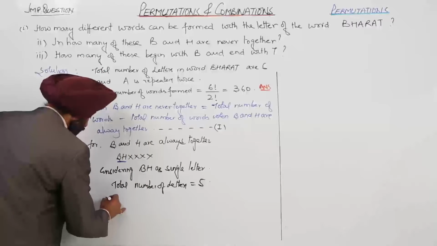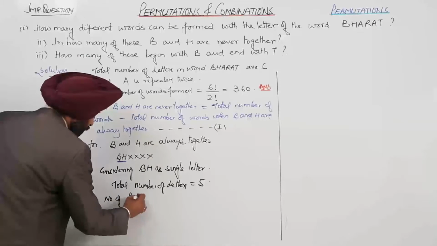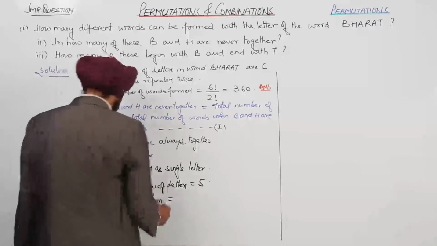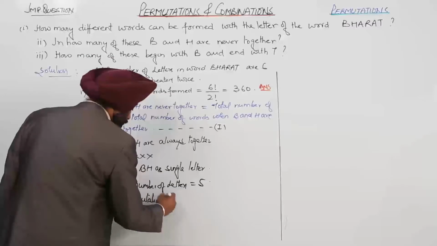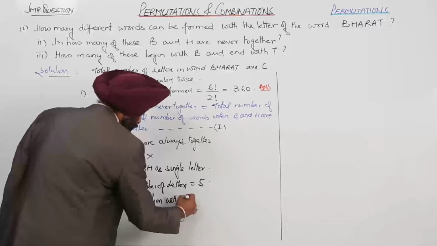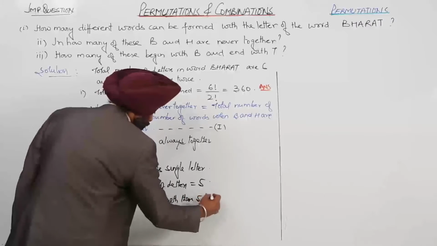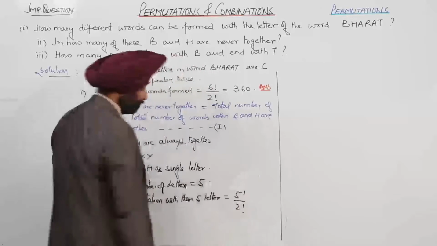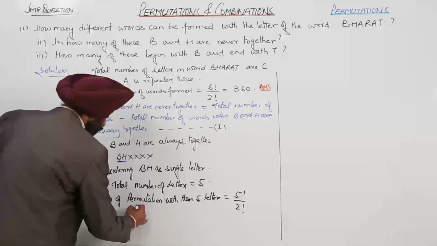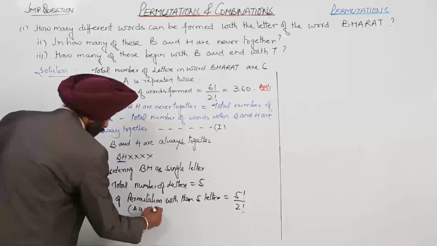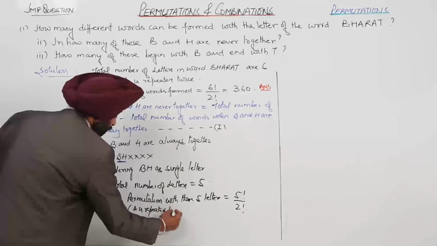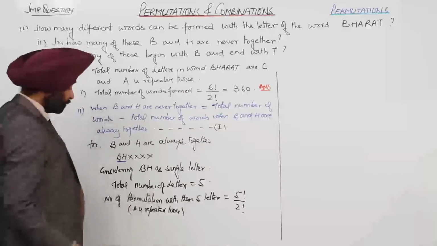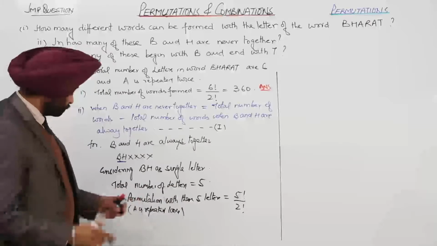Now the number of permutations with these 5 letters is equal to 5 factorial upon 2 factorial, because A is repeated twice. I have written that at the top also. So this becomes 5 factorial upon 2 factorial.